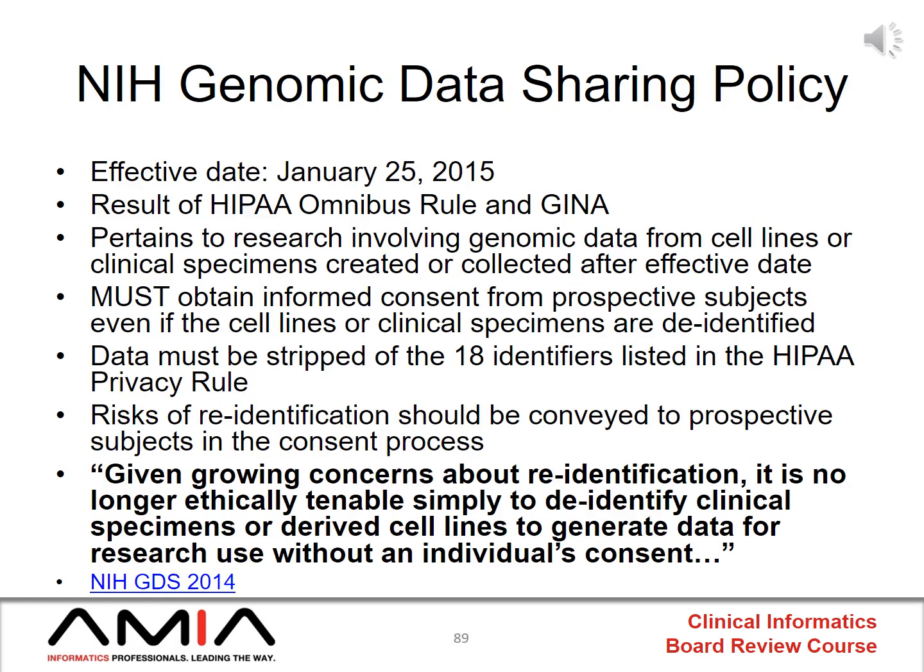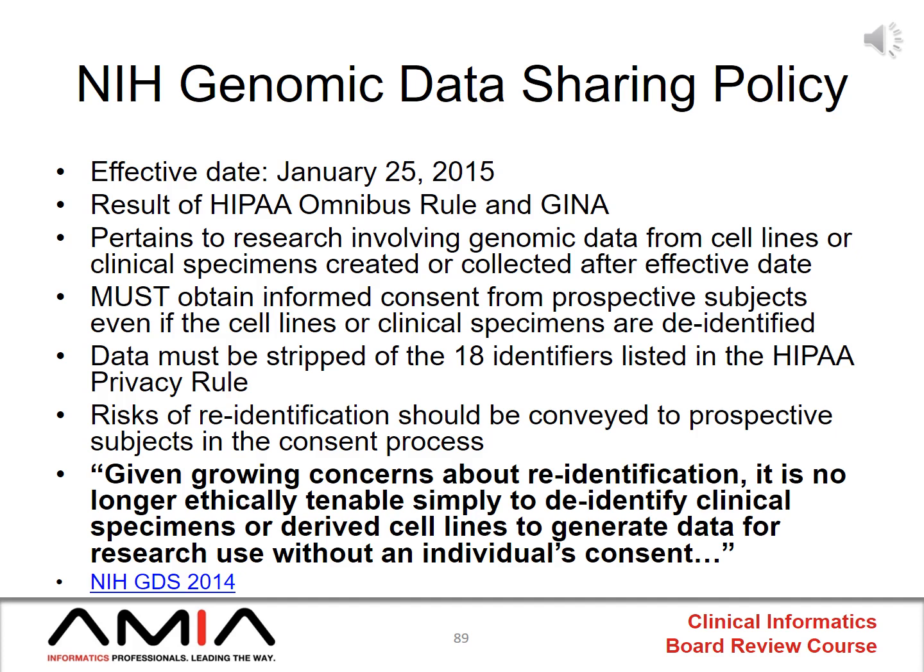Shortly after the HIPAA Omnibus Rule was effective, the NIH issued a genomic data sharing policy, which specified that for NIH-funded studies, investigators must obtain informed consent from prospective subjects, even if the cell lines or clinical specimens were otherwise de-identified.